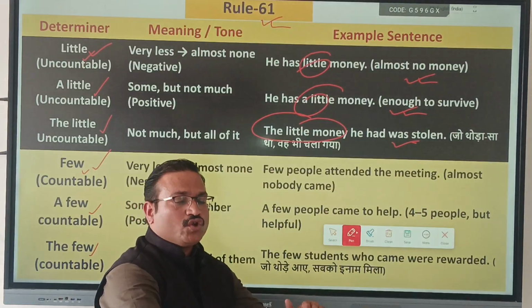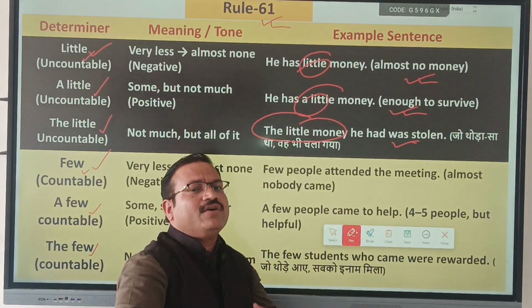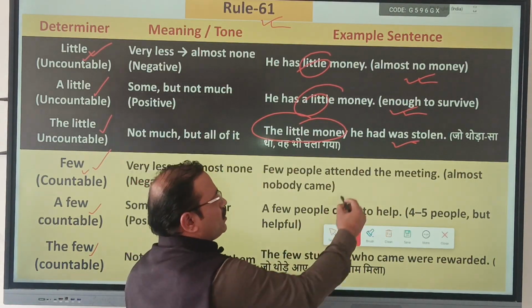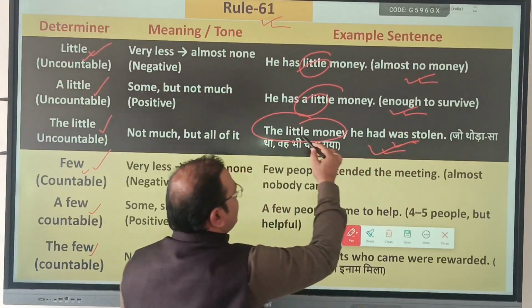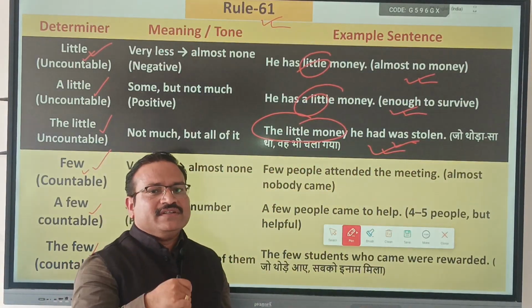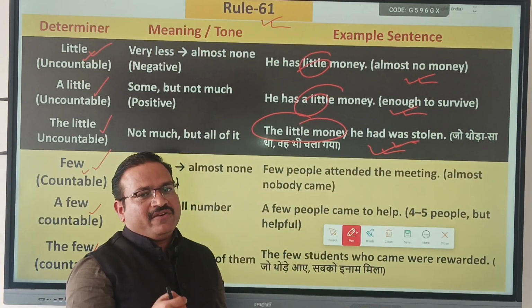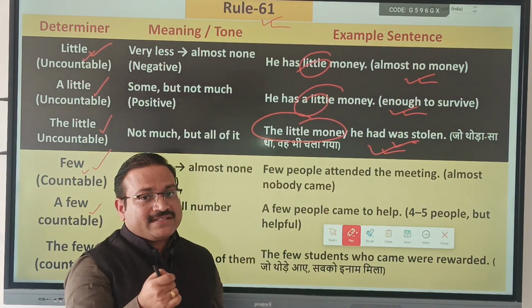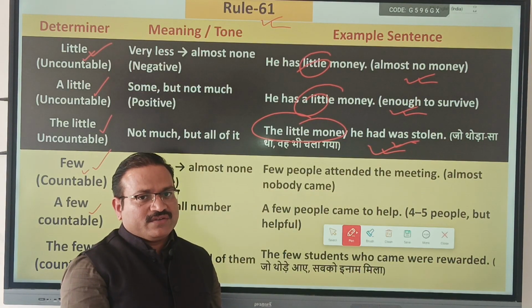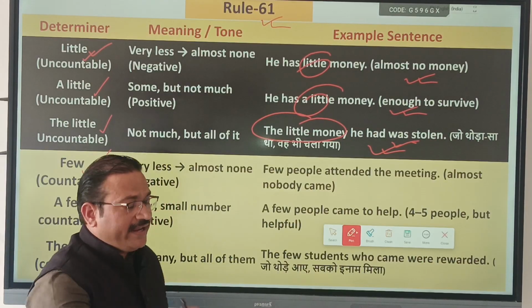The little money means all of the little, जितना सारा था वो सारा was stolen. So just difference of the articles, and this will play role in exam, and this will be the trap in the question. You have to be very very careful.